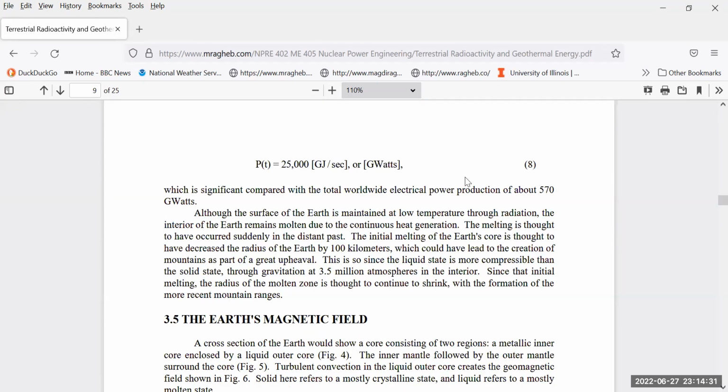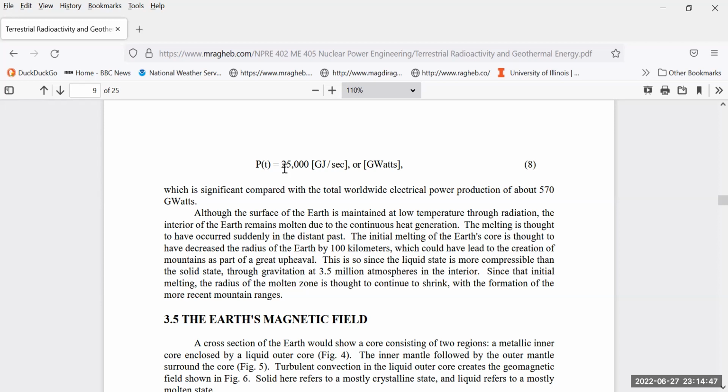And the estimate that we know of the power is that we have 25,000 gigawatts being generated by the radioactivity in the Earth's crust.